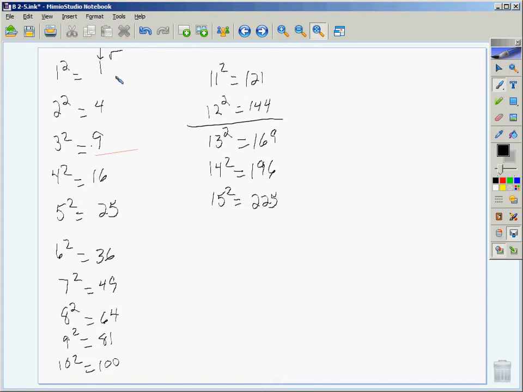Which means that anything that's between 1 and 4 is going to be a decimal. I can't find the square root of 2 or 3 because it's not a perfect square. In fact, it's no longer rational. It's what? Irrational, because it's going to be non-repeating, non-terminating. We're going to talk about how to find those ones that are in between.